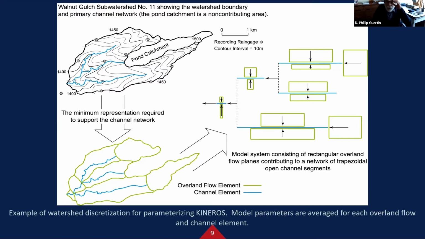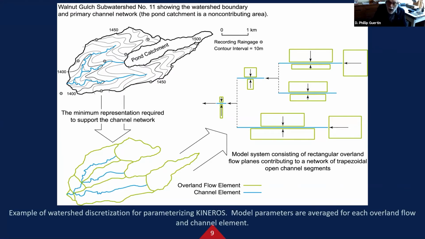We also characterize the width and the length of our modeling elements, these lateral channels or the upland channel. The upland channel flows into the head of the channel, and then the hill slope elements flow laterally into the channel on either side.